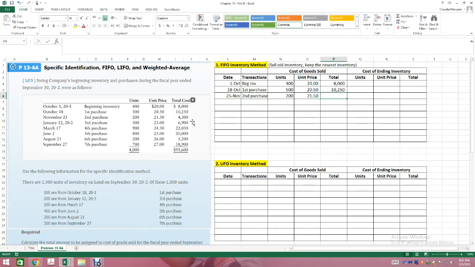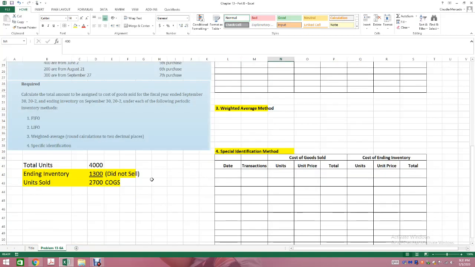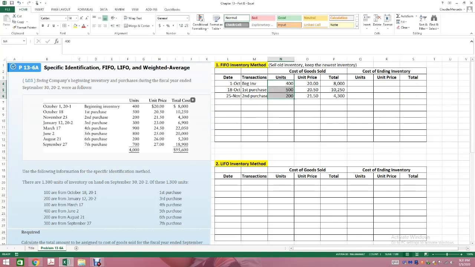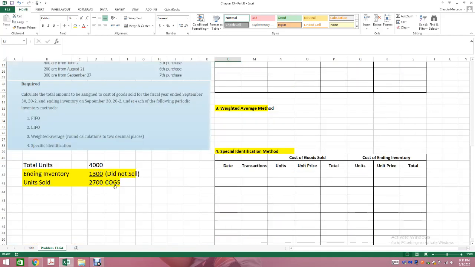That gives me $4,300. So the question is, have I arrived at the 2,700 figure? Well, no. Right now we only have 1,100 units, so I still need more. I'm going to keep on adding to my cost of goods sold until I reach 2,700 units.